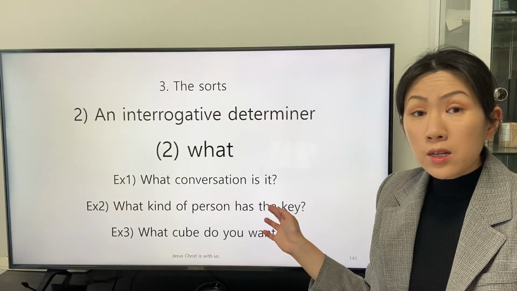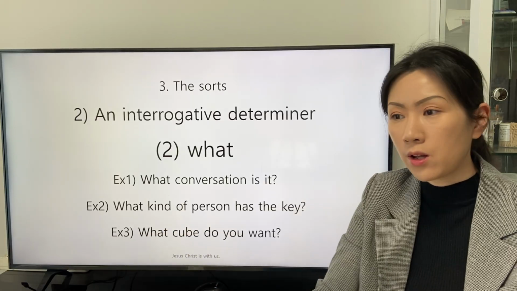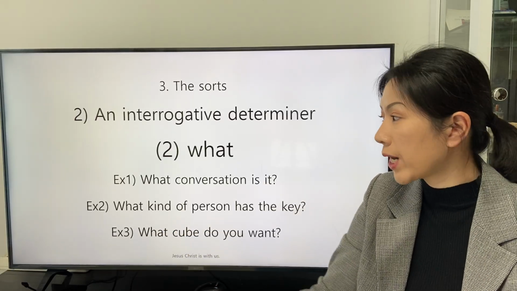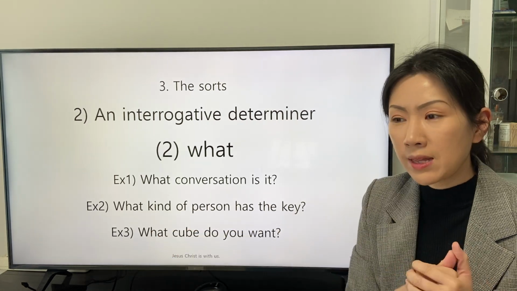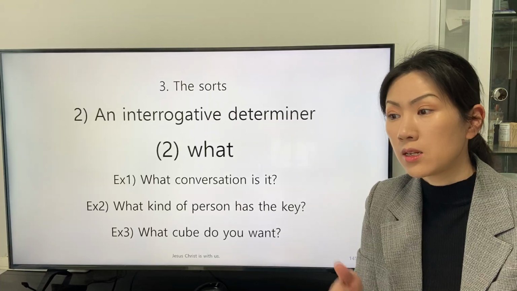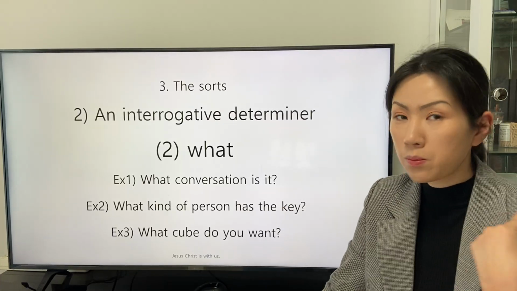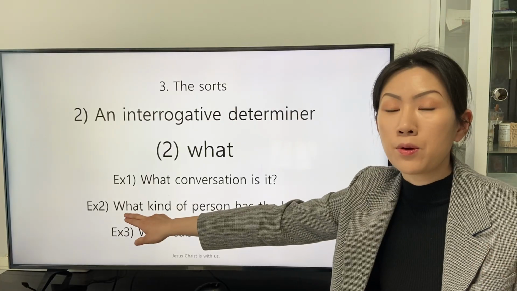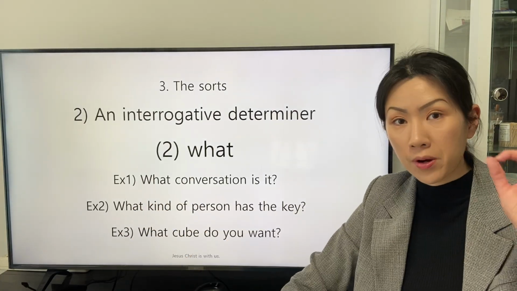In the second example, the interrogative determiner what is applied to describe the noun kind. And we know that the noun kind doesn't indicate a person. So we admit that the application of the interrogative determiner what for the noun kind is proper.